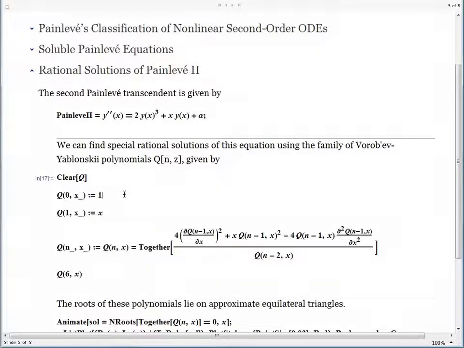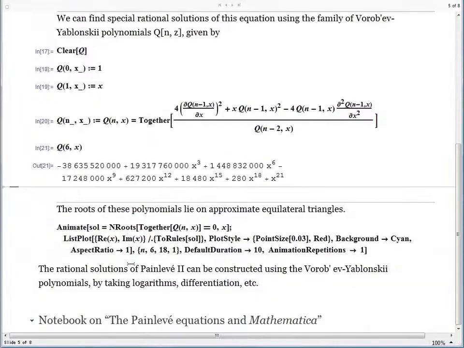So here is the first polynomial, it's 1, the next one is x, and the remaining ones are defined recursively. So for example, here is the 6th polynomial. And the remarkable fact about these polynomials is that their roots lie on approximate equilateral triangles.